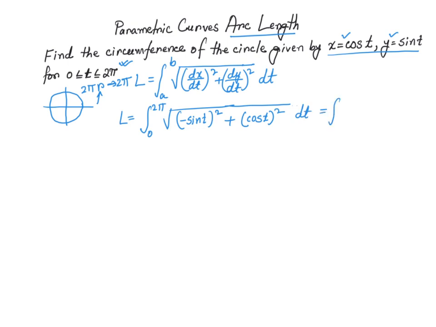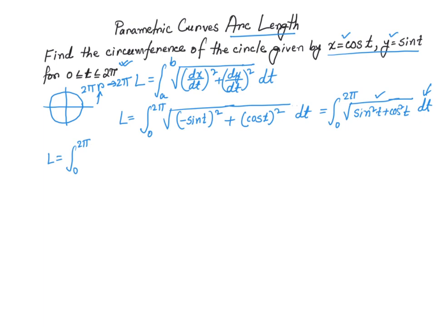Now this is going to be integral 0 to 2 pi square root of sine squared of t plus cosine squared of t, dt. Make sure that dt is outside the square root. Now if I simplify it further, my L is going to be integral 0 to 2 pi square root of sine squared t plus cosine squared t, which is just 1.